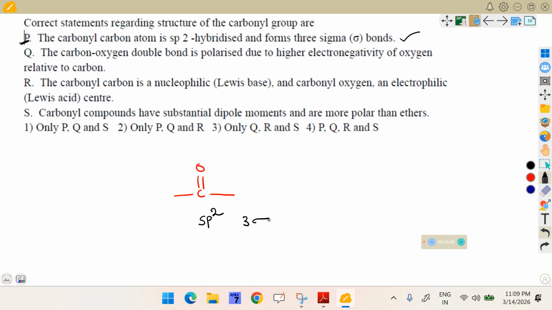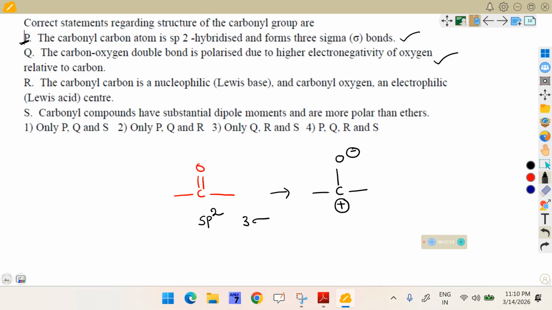Statement Q: the carbon-oxygen double bond is polarized due to the high electronegativity of oxygen relative to carbon. Yes, the carbon-oxygen bond is polarized. Oxygen gets a negative charge, carbon gets a positive charge. Statement Q is also correct.